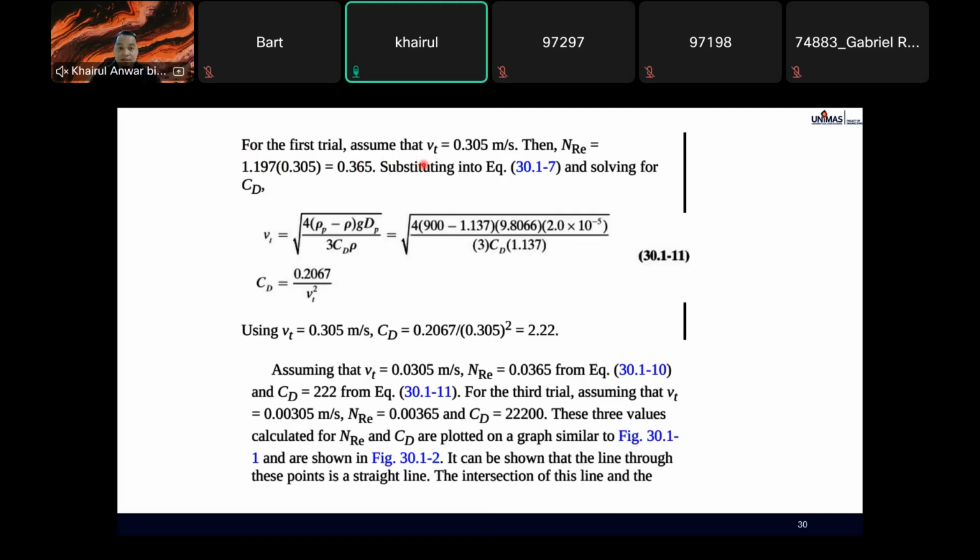For the first trial, assume that VT equals 0.305 meter per second. Because NRE is 1.197 VT, and VT is 0.305, substituting we get NRE equal to 0.365, which is laminar, less than 1.